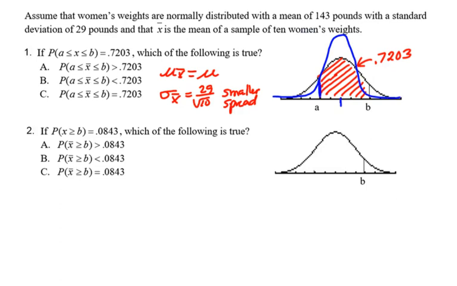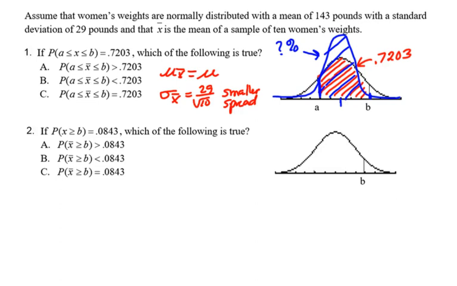So now we're looking at the area under the curve between A and B, and we're wondering what percentage is between A and B. Is it going to be greater than 72%, less than 72%, or equal to 72%?